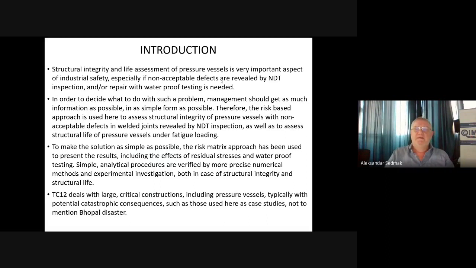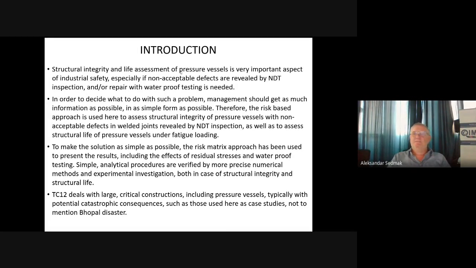To start with this lecture, let me say a couple of introductory words. Where do we really need structural integrity based, of course, on fracture mechanics parameters, and also life is stated here.